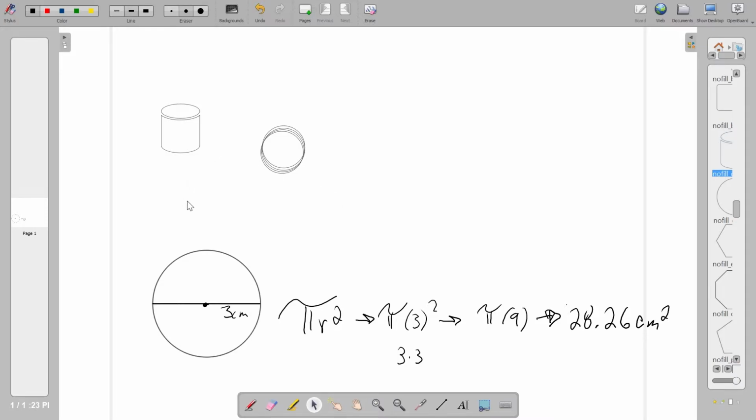There are two things we can figure out about a cylinder. The area of a cylinder, which is all of the outside, the top of the can, the bottom of the can, and all of the middle of the can, the whole outside. That's the area. Right now we're not worried about the area of the cylinder.